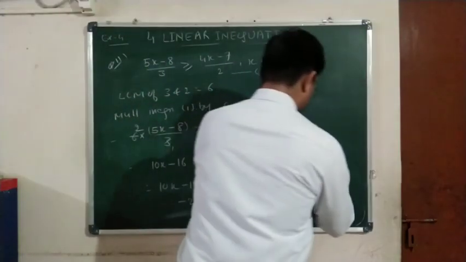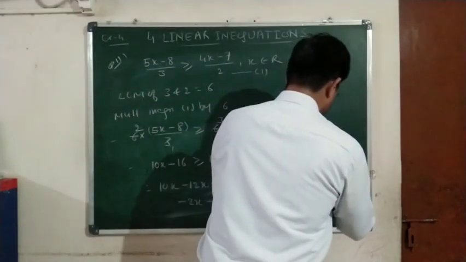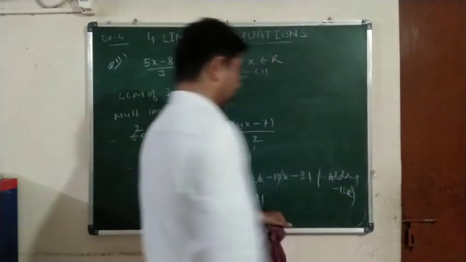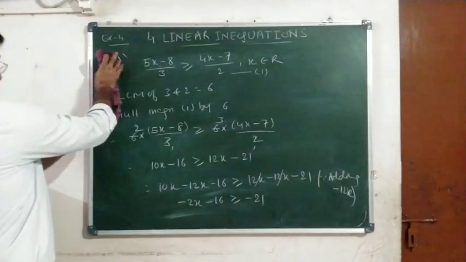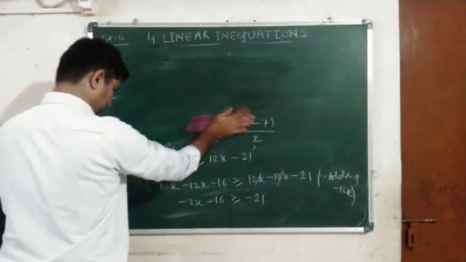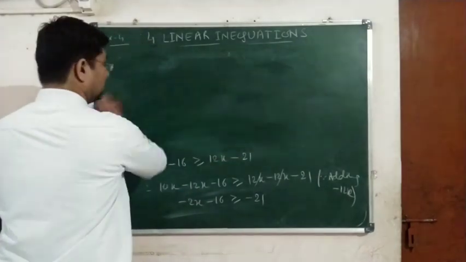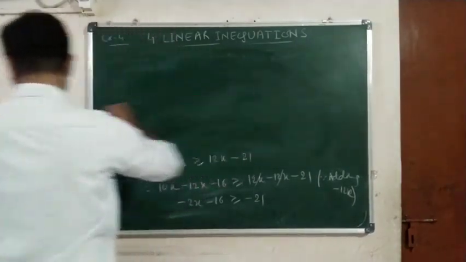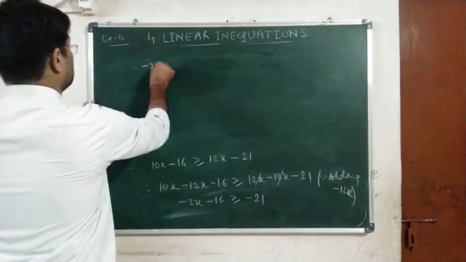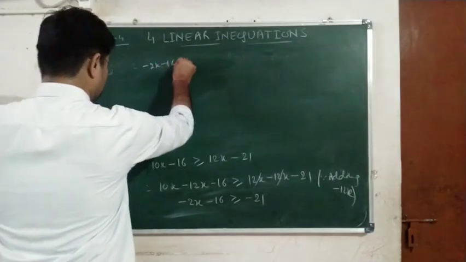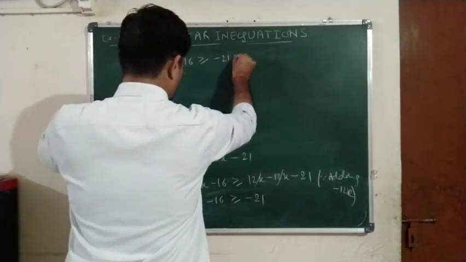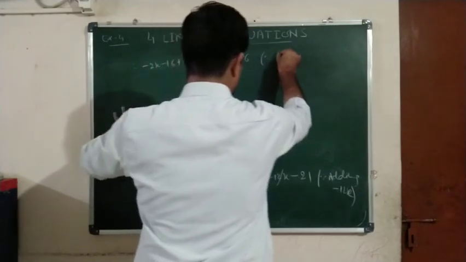So minus 2x minus 16 plus 16 greater than or equal to minus 21 plus 16.